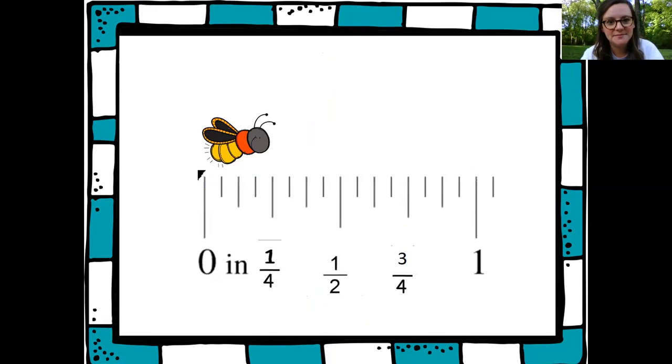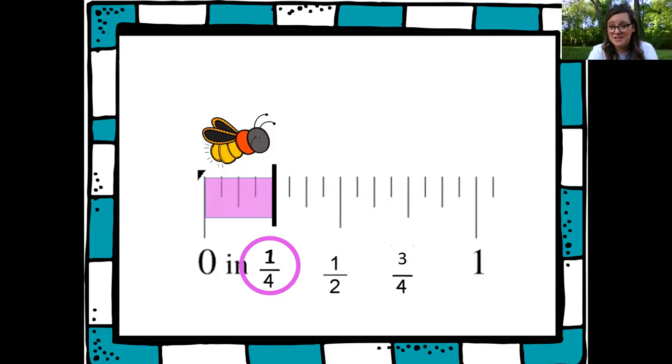Here's a lightning bug. This is your turn. Go ahead and pause the video and decide, how big is the lightning bug? How far did you measure the lightning bug? I measured that the lightning bug was 1/4 of an inch.